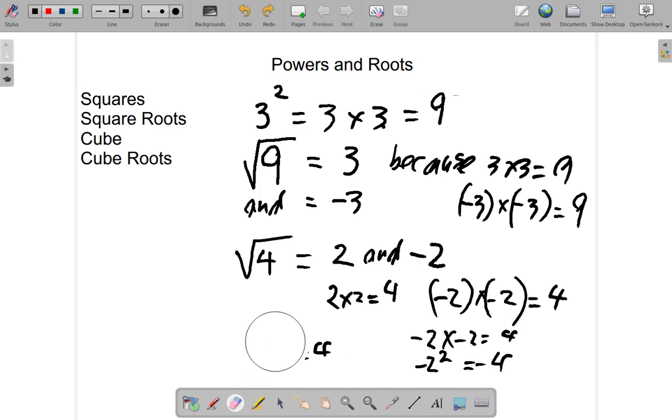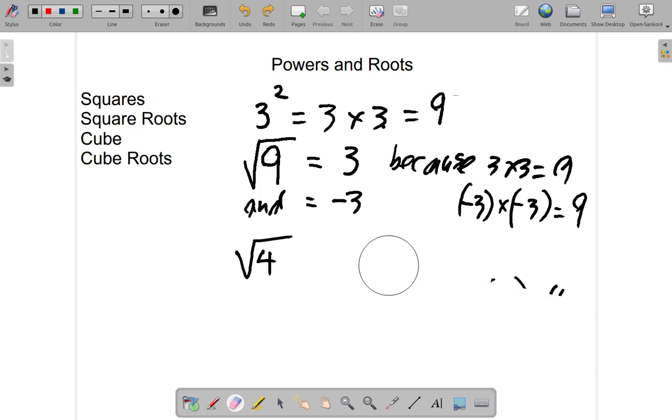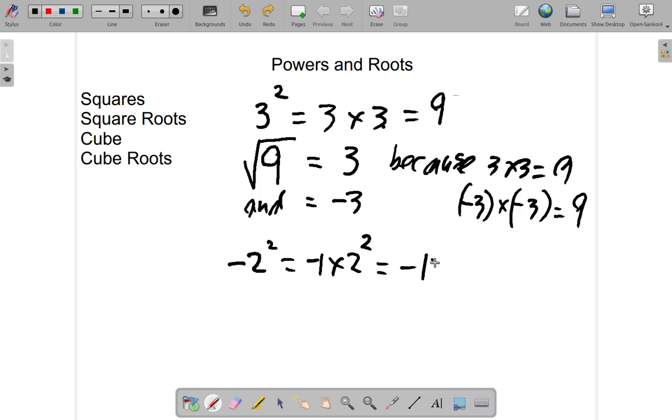Now, what happens is in the programming of the calculator. The calculator is assuming that negative 2 means the same as negative 1 times 2, and that you mean negative 1 times 2 squared, which is negative 1 times 2 times 2. So what you get is negative 4. 2 2's is 4, so it's negative 1 by 4, which is negative 4.